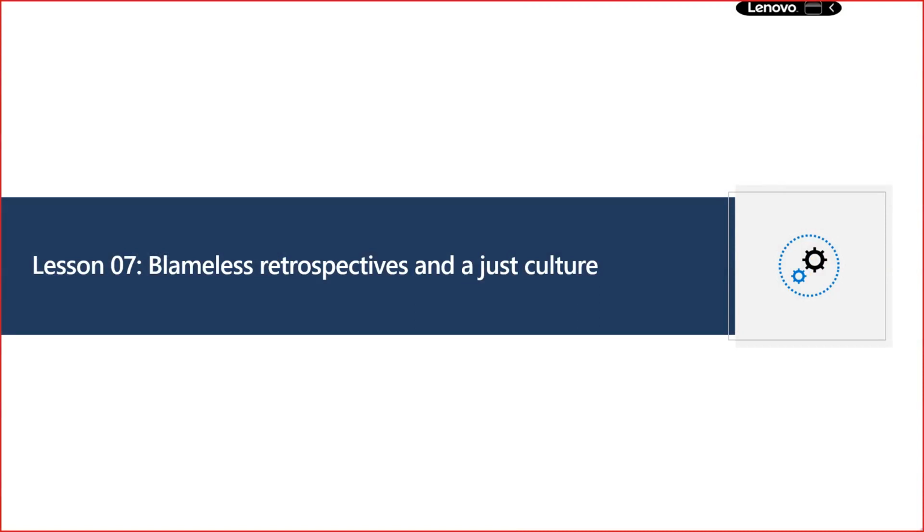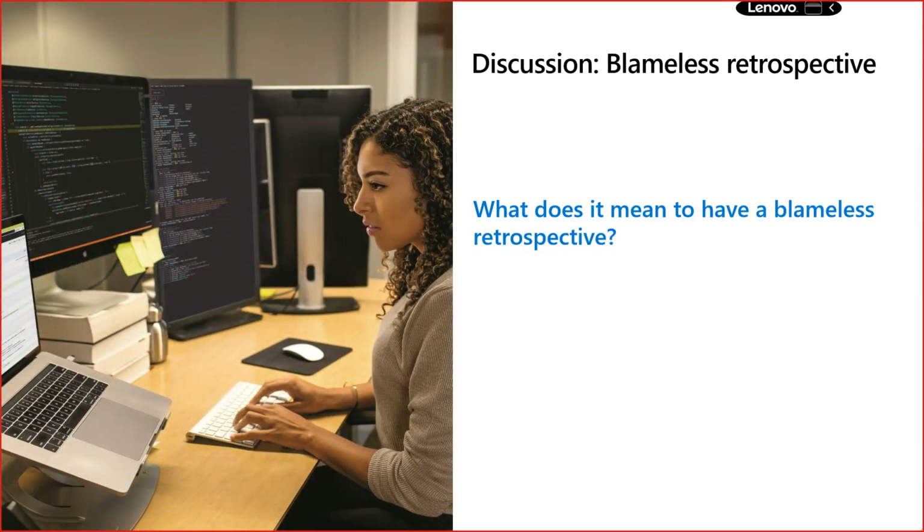Okay, next we are going to understand about the blameless retrospective meeting. Okay, so this slide talks about what it means to have a blameless retrospective meeting. This is a term which comes when you complete your sprint.